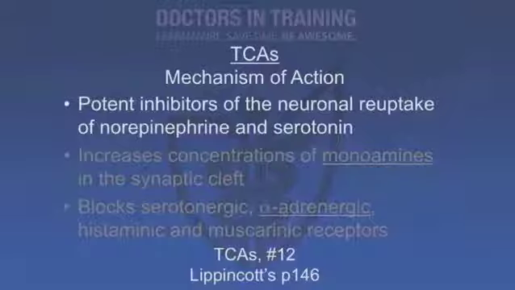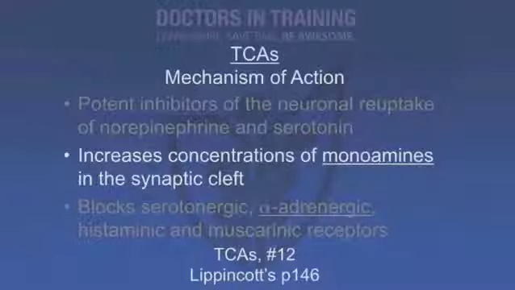TCAs and atomoxetine are potent inhibitors of the neuronal reuptake of norepinephrine and serotonin. At therapeutic concentrations, they do not block dopamine transporters. By blocking these major routes of neurotransmitter removal, the TCAs cause increased concentrations of these monoamines in the synaptic cleft, ultimately resulting in antidepressant effects.